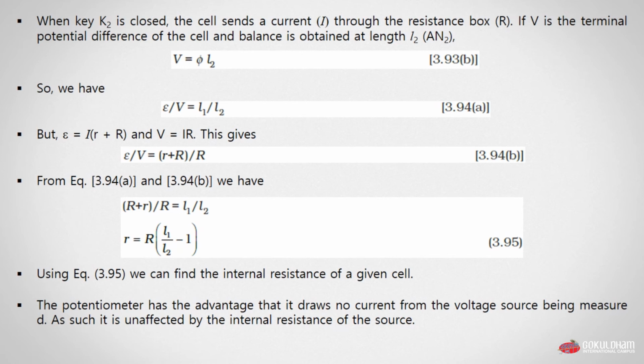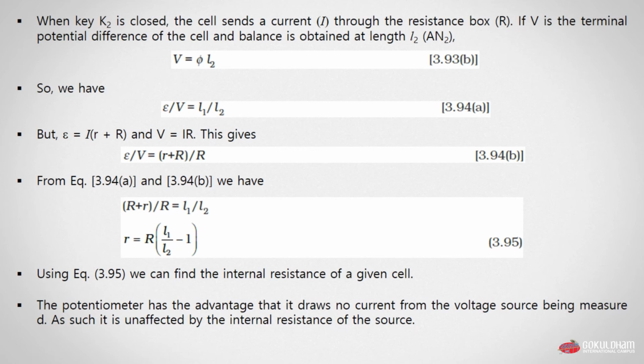And from equation 3.94a and 3.94b we have (R plus r) divided by R is equal to L1 by L2, and hence small r is equal to capital R into (L1 by L2 minus 1), which is our equation 3.95. Using the equation 3.95, we can find the internal resistance of a given cell.